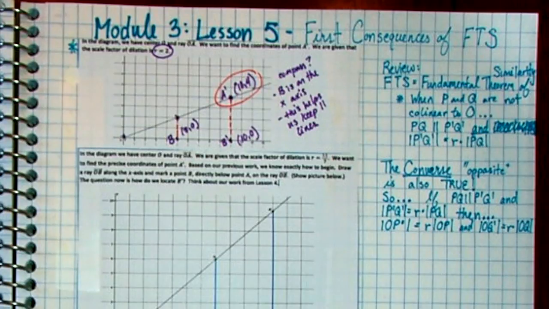If I draw a vertical line directly above, I will see coordinate point A prime, because B to A must be parallel to B prime A prime, and they also have that relationship of the scale factor. So I'm going to have a relationship of 2 to 1 even in this location. As you can see, even without a compass, I was able to find the coordinate point of A prime, which is 10, 4.